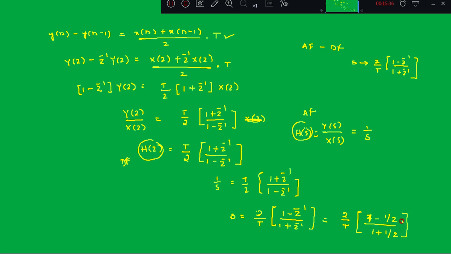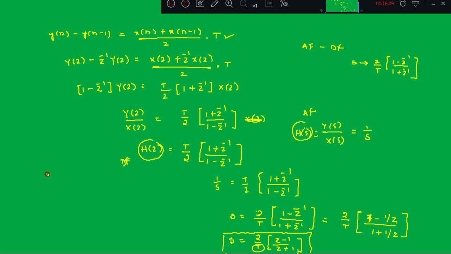So taking the LCM and dividing the denominator z term, what you will get is s is equal to 2 divided by T times (z minus 1) divided by (z plus 1). So this is the substitution factor used in the bilinear transformation method to transform the analog filter into a digital filter, right? Where T is known as the sampling interval, right?